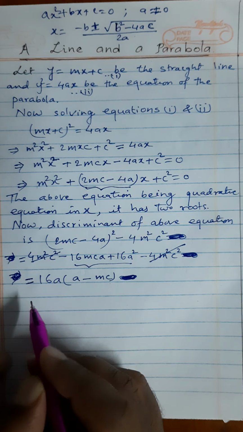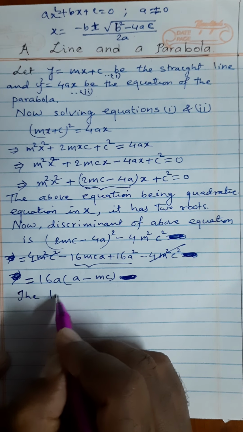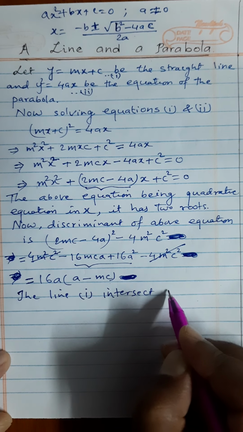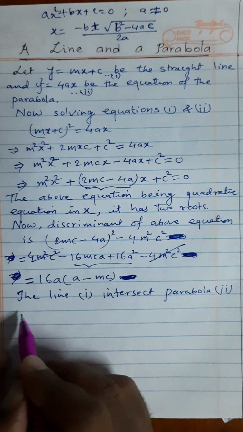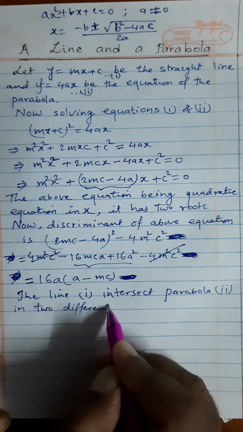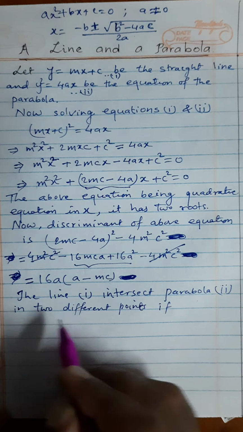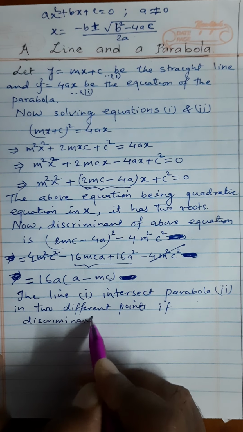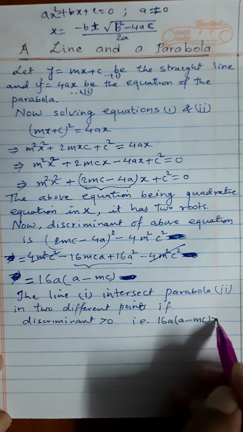So now the line 1 intersects parabola 2 in two different points if the discriminant is bigger than 0, that is 16a minus mc is bigger than 0.